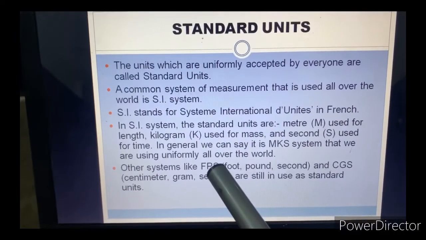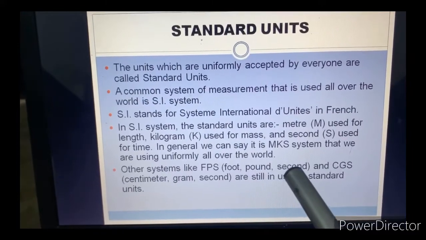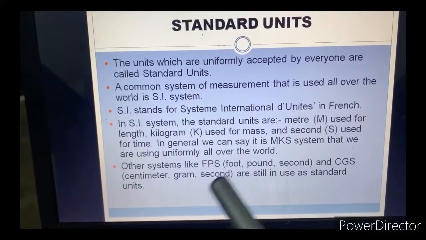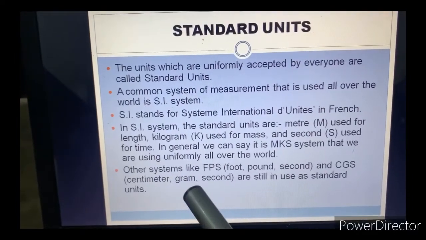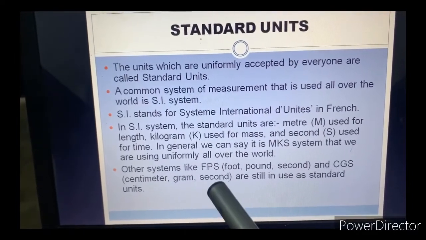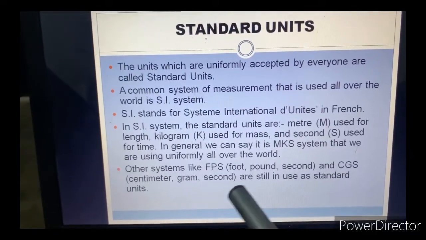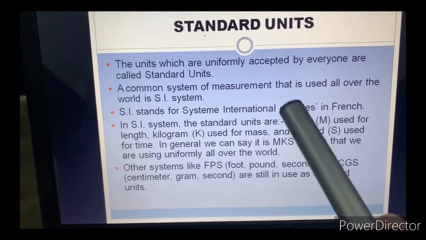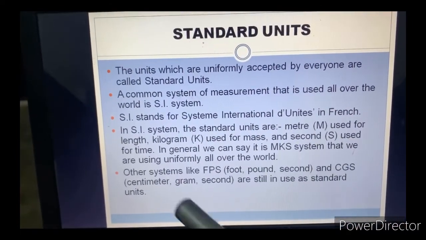Foot is used for measuring length, pound is used for measuring mass, and second is used for measuring time. In the same way, centimeter is used for measuring length, gram is used for measuring mass, and second is used for measuring time. These are also standard units which are being used other than MKS, but MKS is mostly used all over the world.